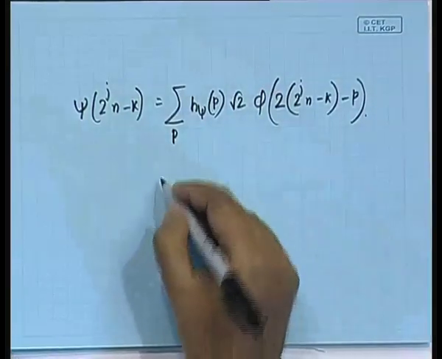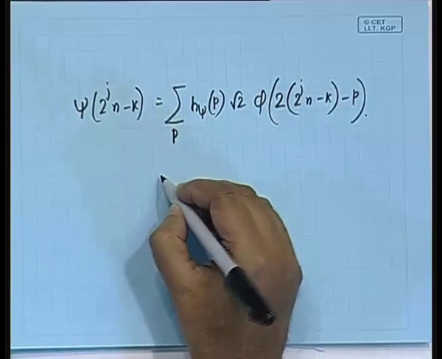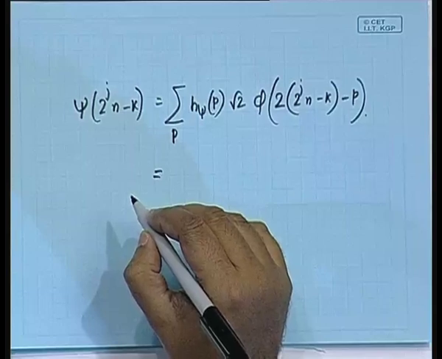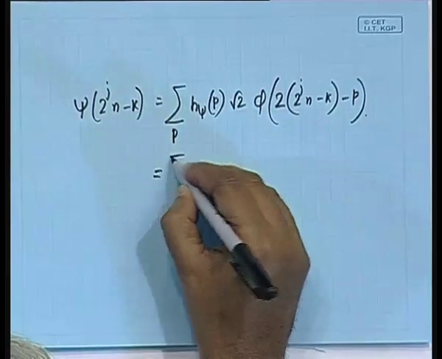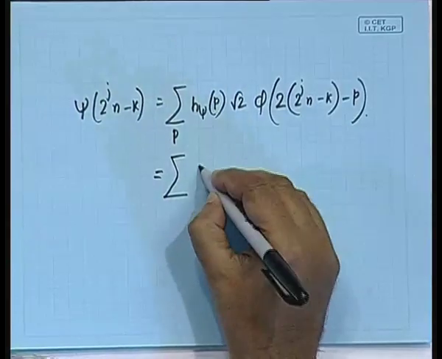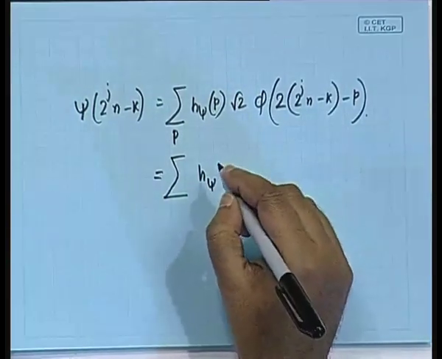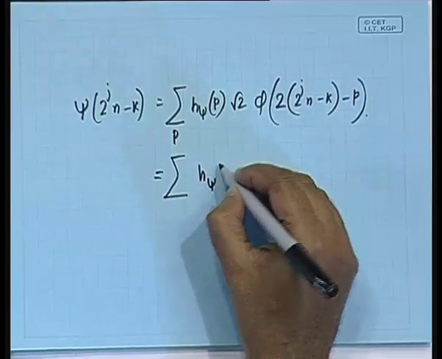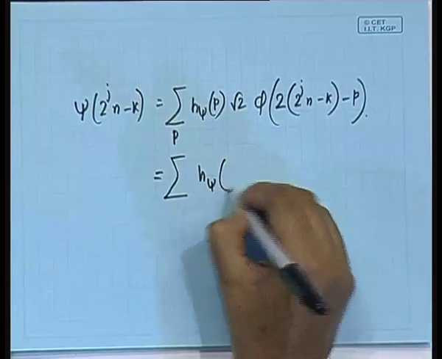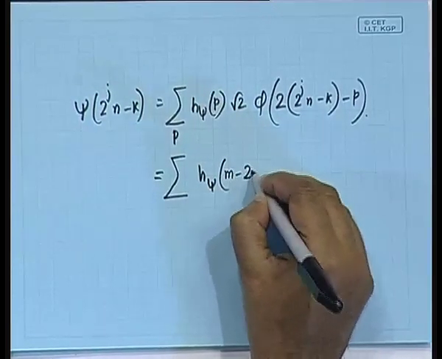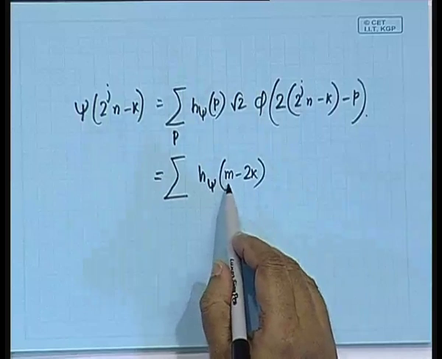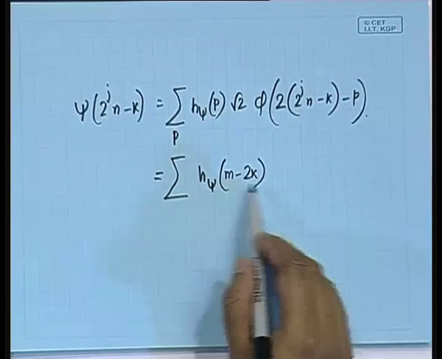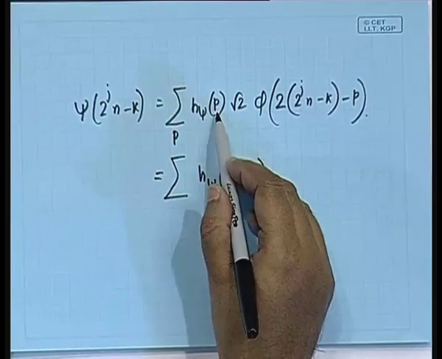Now we can have a change of variable. Let us say this p is changed to m minus 2k. I introduce a new variable m, so that m minus 2k becomes equal to p.